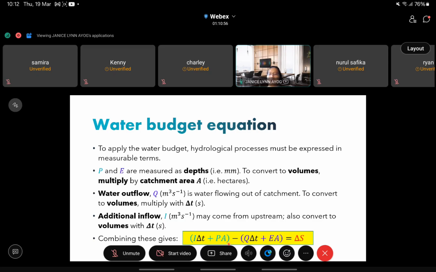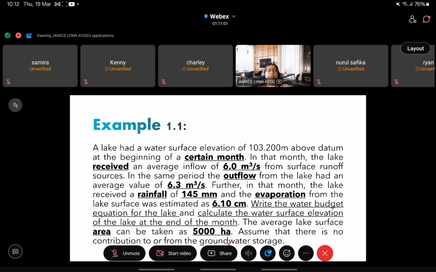Now, let's have a look at the examples. I'm going to read through this. A lake has a water surface elevation of 103.2 meters above the datum at the beginning of a certain month. It's not clear which month, January or December, just a certain month. In that month, the lake received an average inflow of 6.0 cubic meter per second from surface runoff sources.